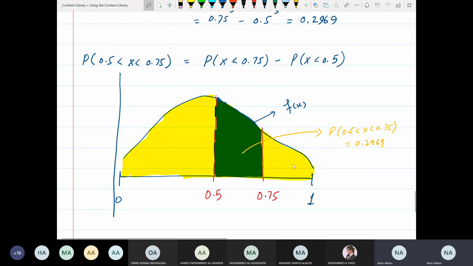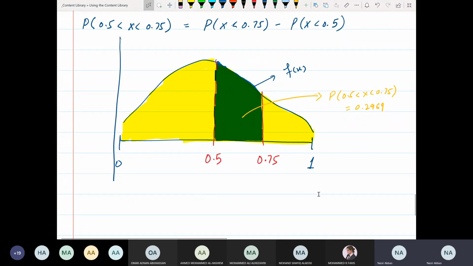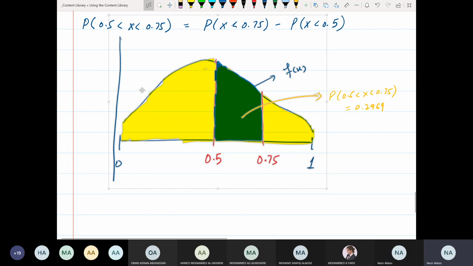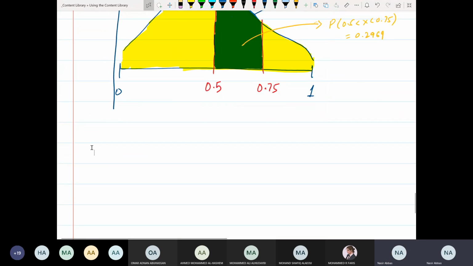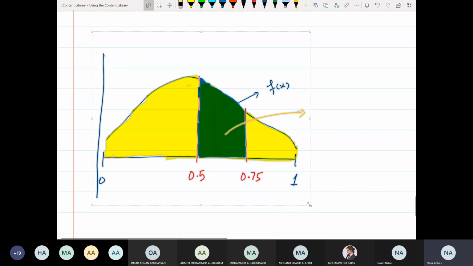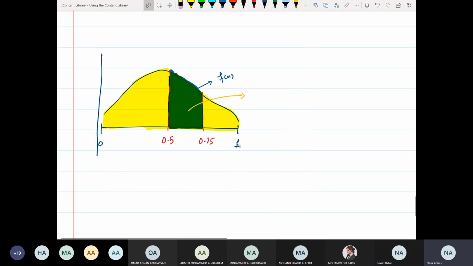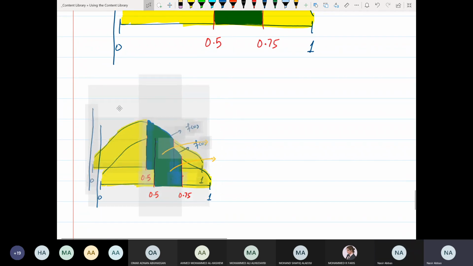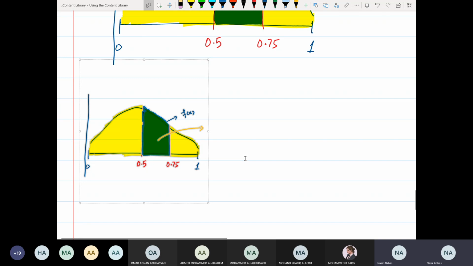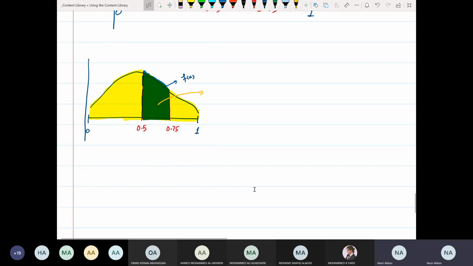What I'm trying to do here is avoid integration, and see what I do now. Ultimately, I'm going to get to the green area, but in an indirect way. Now see what I do.